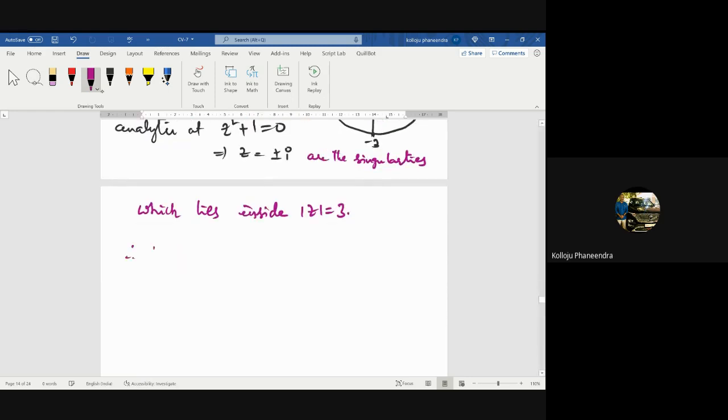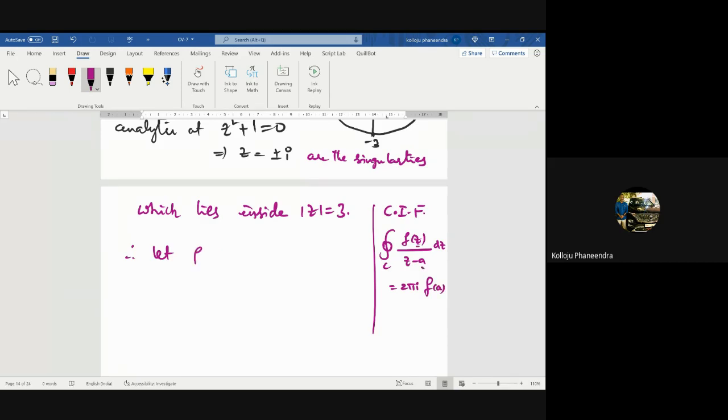Now, what is the structure of Cauchy's integral formula? Integral over c of f of z, the numerator part, over the denominator part z minus a, dz, is 2 pi i into f of a.